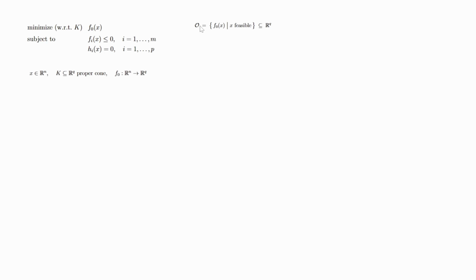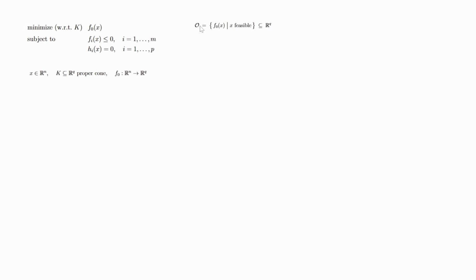Now, the cleanest case is when the achievable set O has a minimum element. A minimum element is a single point that's better than or equal to everything else in O, that is, less than or equal to anything else with respect to K. This might not always be true, because this assumes that it's comparable to everything else in the feasible set. But if it is indeed true, we call this the optimal value and the corresponding x the optimal point.